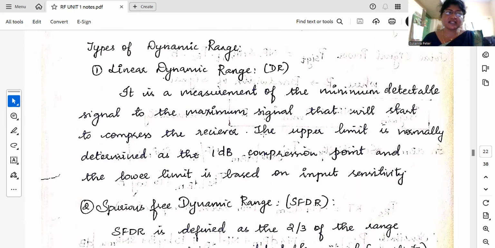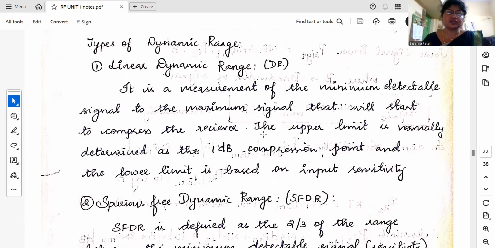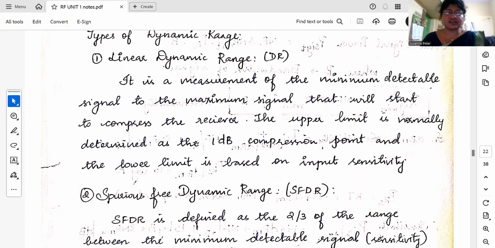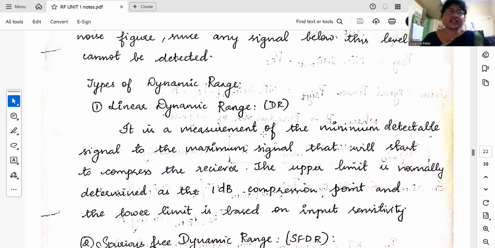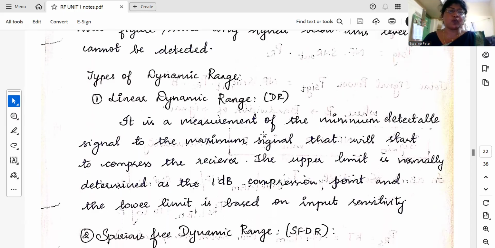Then receivers in crowded RF environments, where you have both minute signals and larger signals, and both should go hand in hand. It is also critical for wireless base stations. So what if your dynamic range is poor?